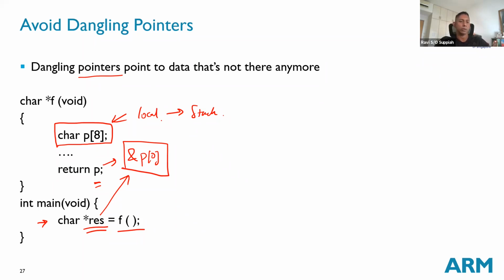So you may run the program thinking that everything is correct, but again, it is not exactly, because you are pointing and you are still doing something. Subsequently, if you use the pointer, it will still work because it's pointing to a place in stack. But you are now going to mess up the data that is actually being used by some other function, and then you have some other downstream problems later on.